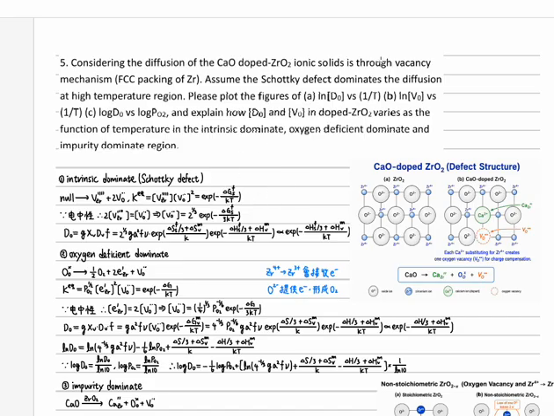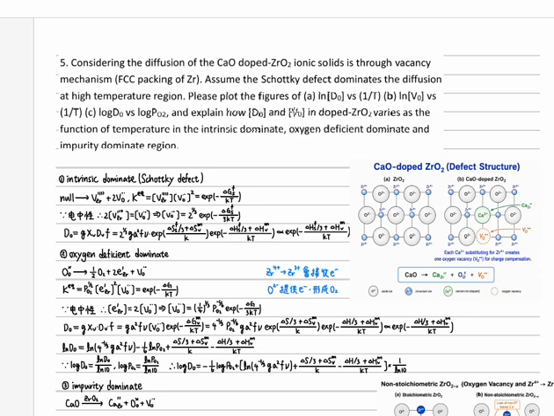We are also talking about the vacancy mechanism. ZrO2 is an FCC packing, and Schottky defects dominate the diffusion at high temperature.